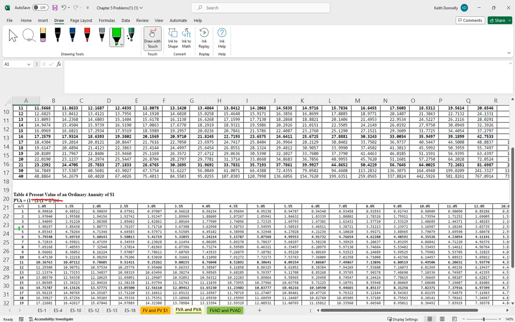The number of periods is 4. And then we're going to shoot across here until we find that 3.23. Oh, there it is. Then we can get the 9%.